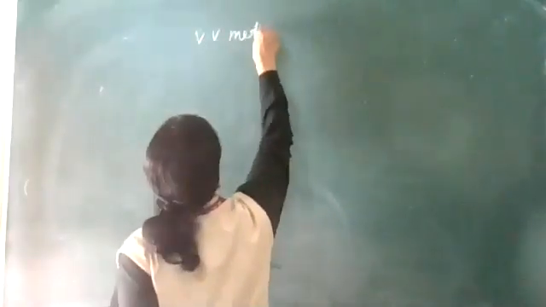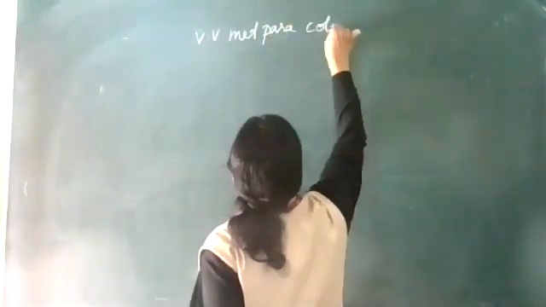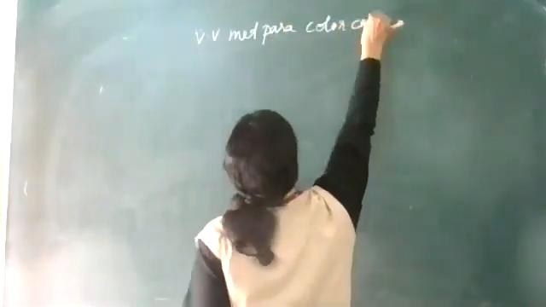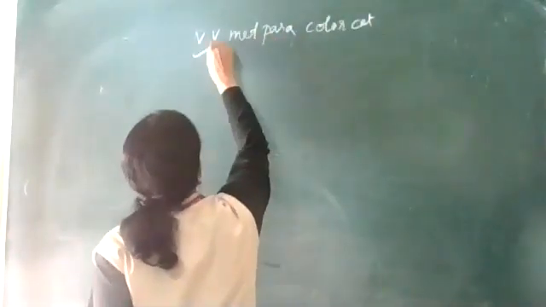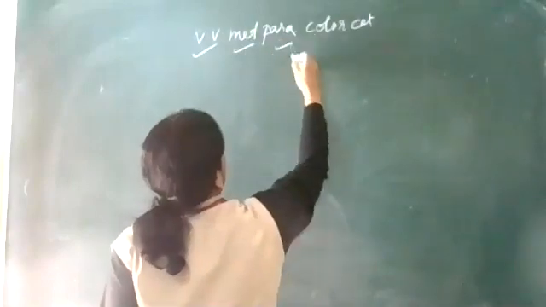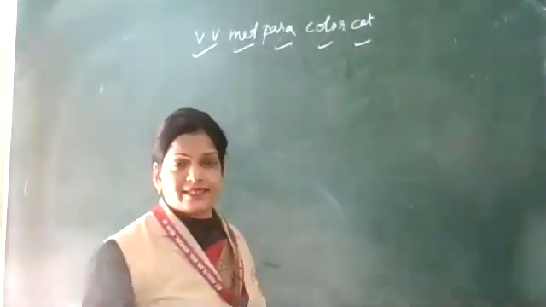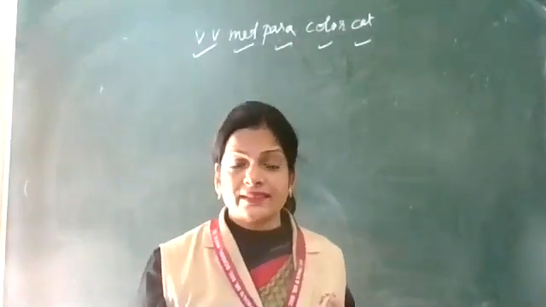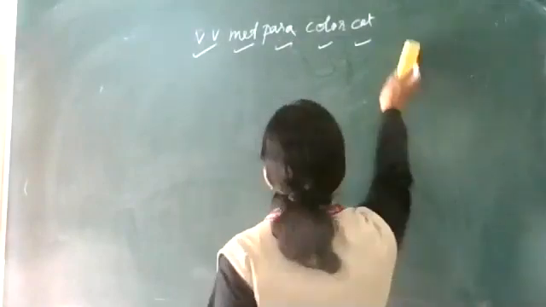Last year we learned PV paracolor: PV meant paracolor. These are the characteristics of d block elements. So let's see how they are actually.